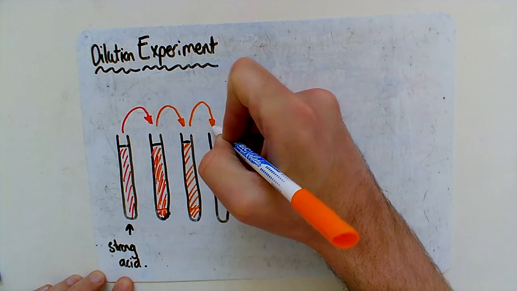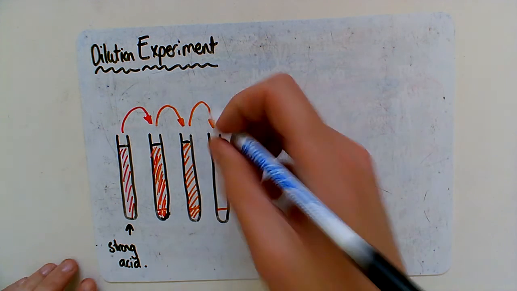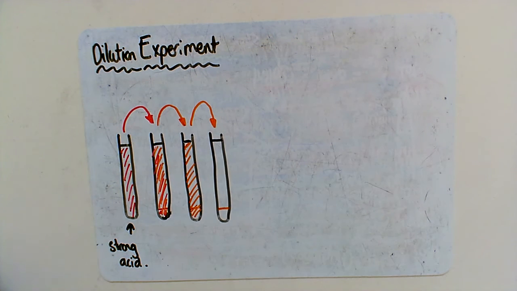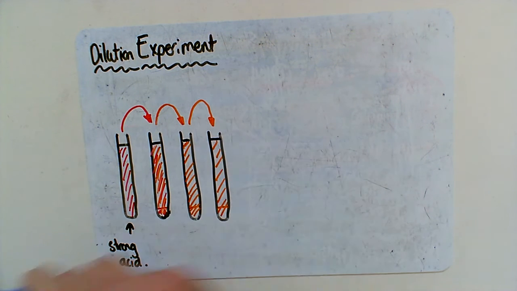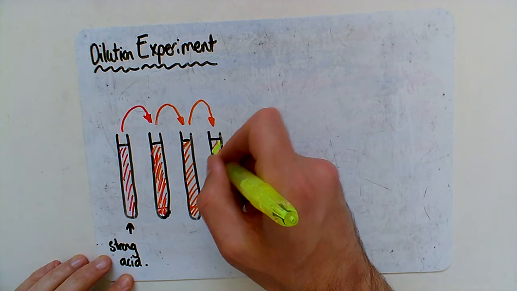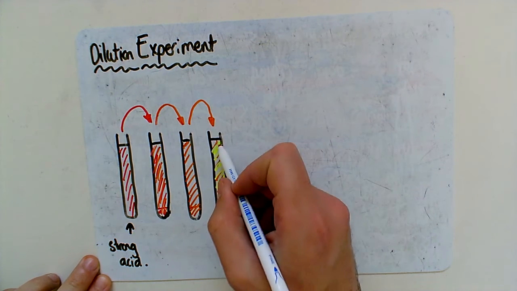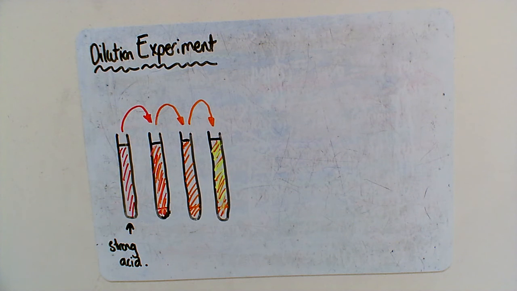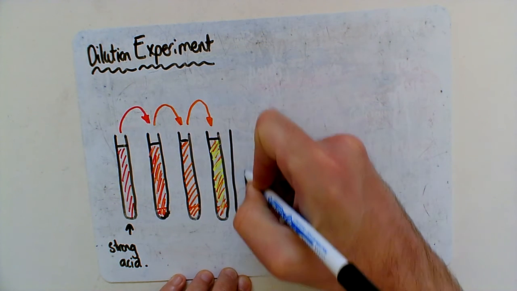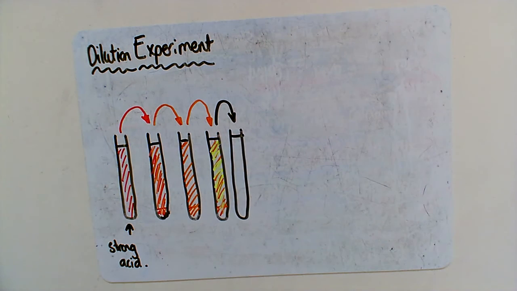We can keep going, and 1 ml, top it up, and this time, we'll have some orangey colour, but it'll start turning a yellowy orange. So it's yellow and orange all together. And then the final one, when we diluted it, it would be all yellow.